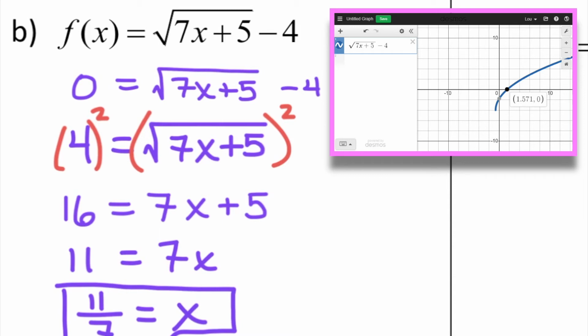So on Desmos, your x-intercept should show something like 1.5714 or some series of decimals that are similar to that. And that is what you would get for the fraction 11 over 7. So that should be verified there.